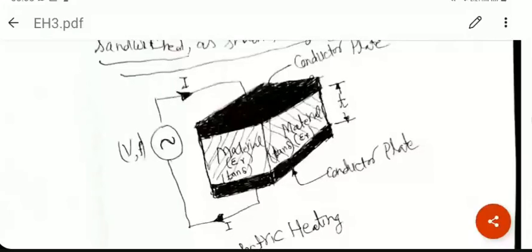So what we do is we use basic laws of AC circuit analysis to calculate the current going in. And we also remember that it's a lossy material, so current and voltage will not have perfect 90-degree phase shift between them.